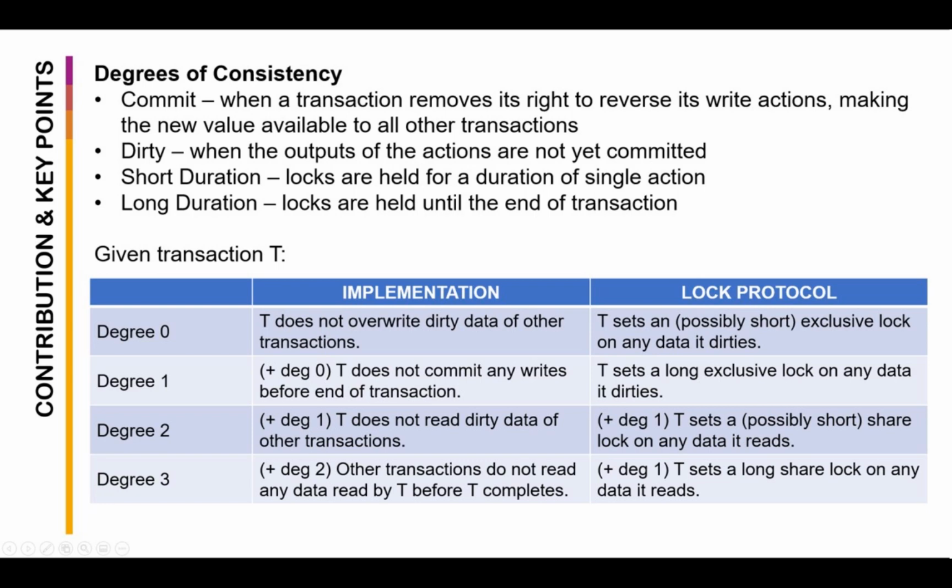With degree 2 alone, a transaction may read two different committed values if it reads the same entity twice. This is because a transaction which updates the entity could begin, update, and end in the interval of time between the two reads. Its lock protocol combines the degree 1 lock protocol, and it also sets a long share lock on any data it reads.